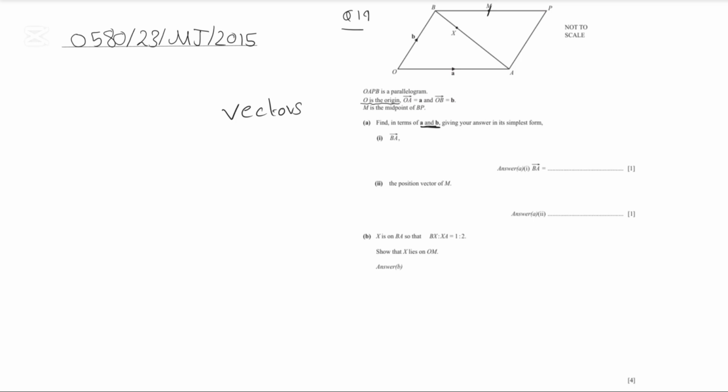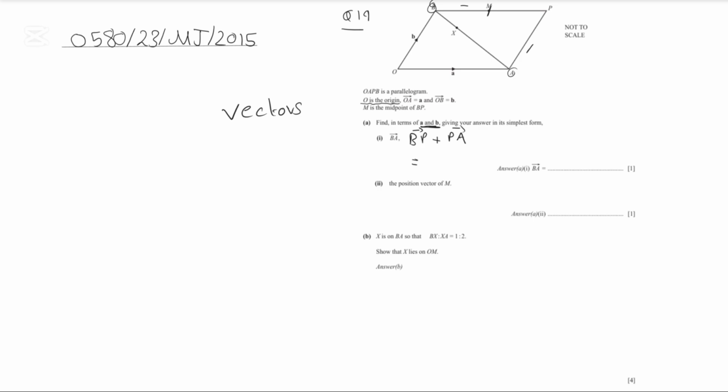So, B to A would be from here to here, so we need to reach from B to A. So, first of all, we would do the vector B to P plus the vector P to A. B to P is okay. Now, over here we use the concept of parallelograms.